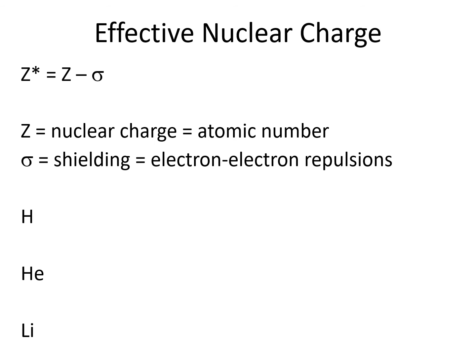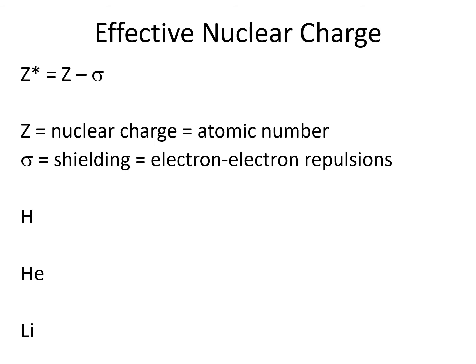And essentially what this is, given a particular electron in an element, is the pull that particular electron feels from the positively charged nucleus. And it is affected by something called shielding, or the shielding effect.